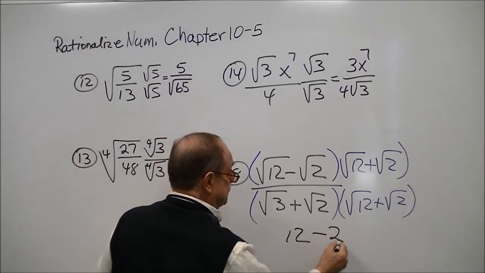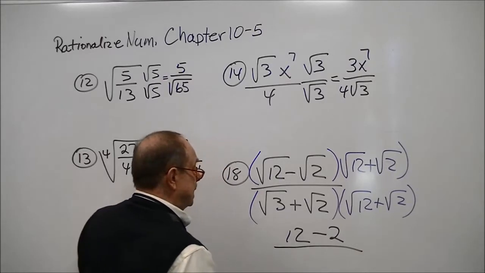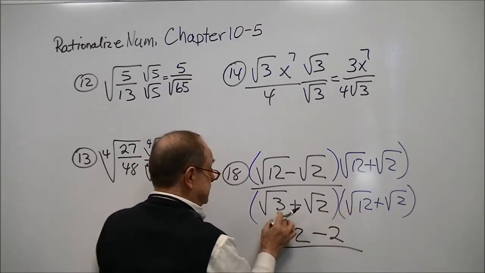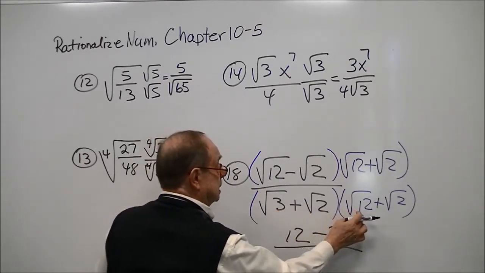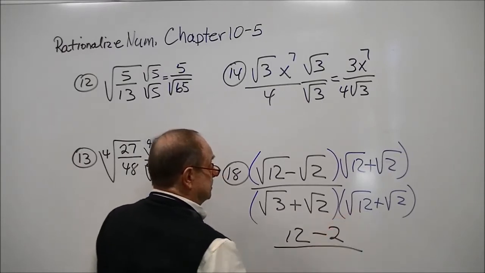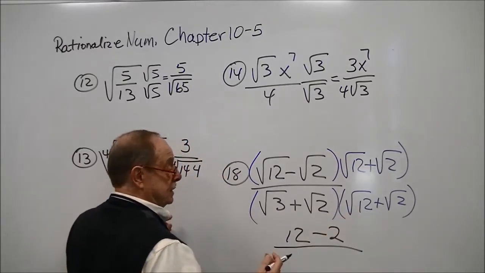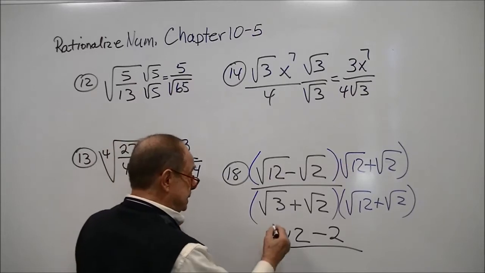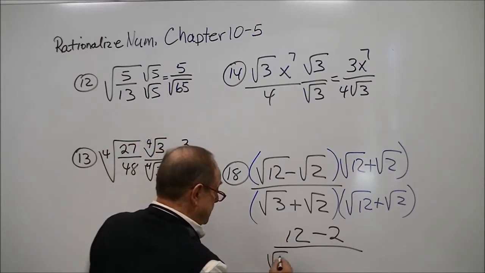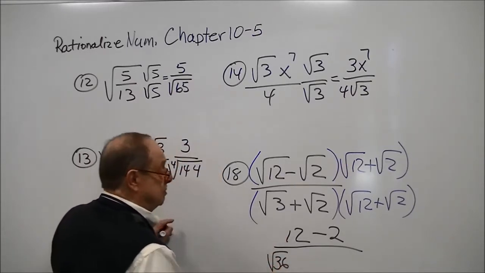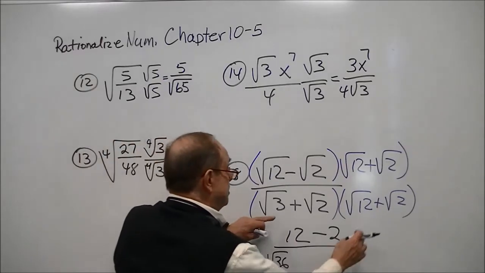Minus 2 for the top. And for the bottom is 3 times 12 is 36. Square root of 36. Let's write that out. We know that can be simplified.